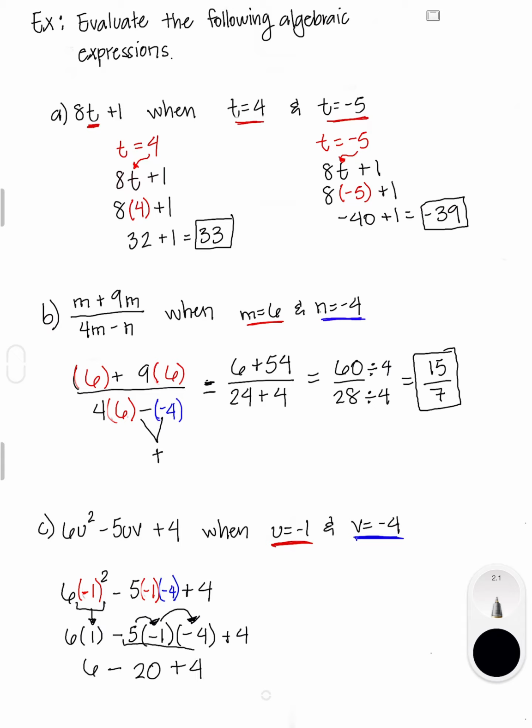So the multiplication of these 3 gives us -20. Then 6 minus 20 is -14, plus 4, that's going to give us -10. Again, we find the difference because they have different signs. So the difference between 14 and 4 is 10. However, we have more negatives, so it's going to be -10.